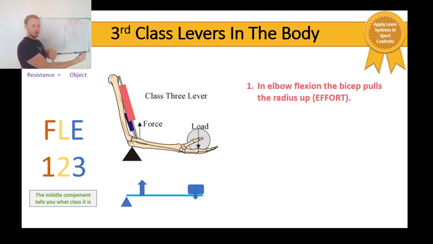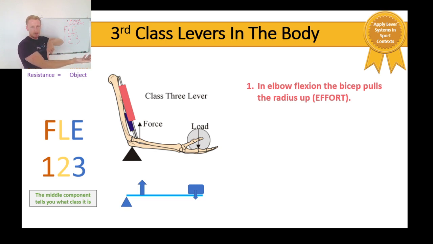But it is, because the bicep tendon goes across the joint and inserts around here. So now we've got the bones meeting, the fulcrum, effort in the middle, load at the end. F-E-L. E is in the middle, therefore it's the third class lever.